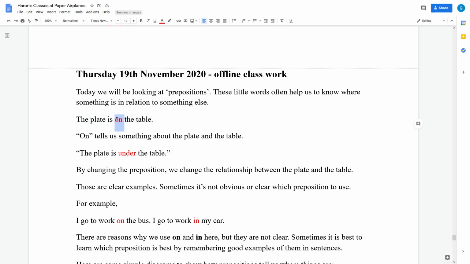On tells us something about the plate and the table. It tells us the relationship and the position. The plate is under the table is another example. By changing the preposition, we change the relationship between the plate and the table in what we're saying.